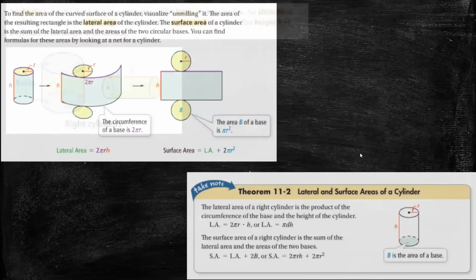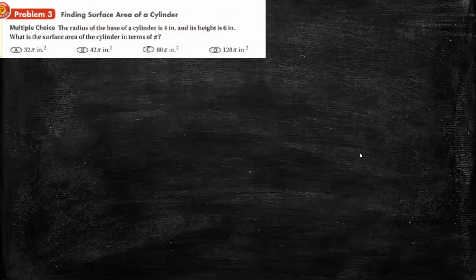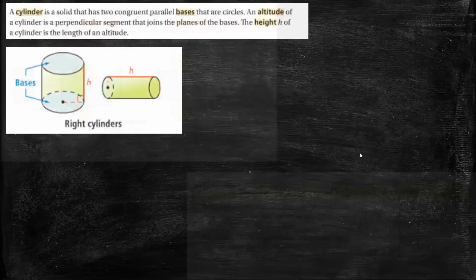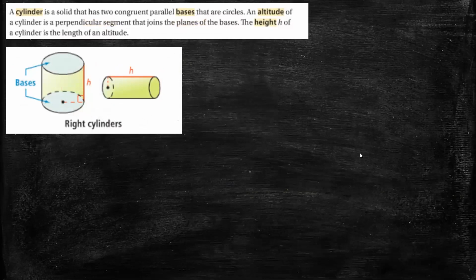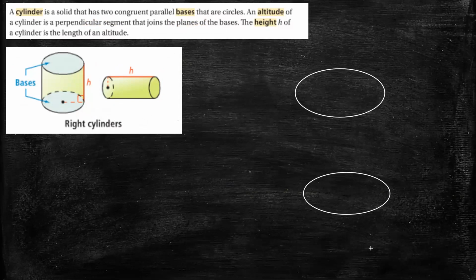As you see now, this is a cylinder. We have a circle, and we have another circle down.